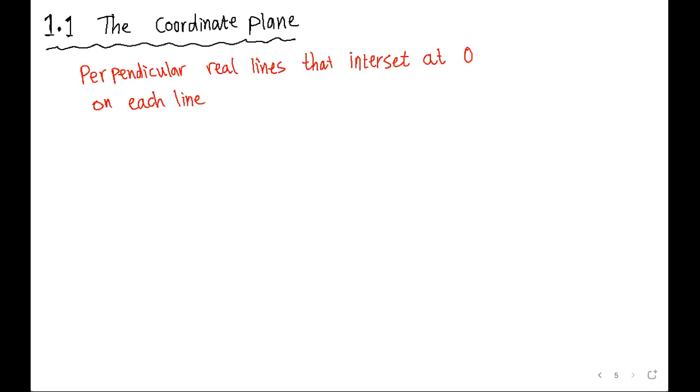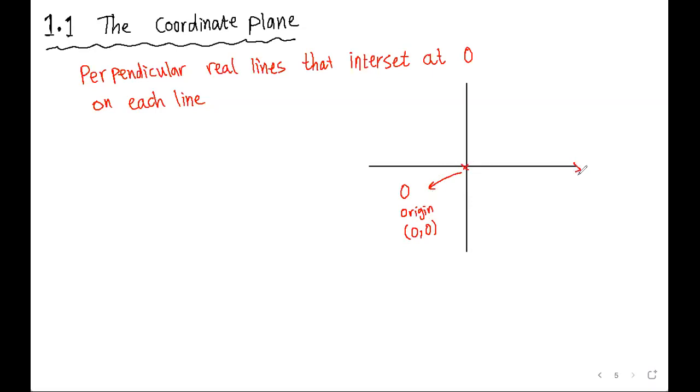So if I have perpendicular lines like this, I have the first line and the second line, both of them perpendicular. Both of these two lines intersect at this point here. This point I call O, or the origin. I can define this point as the ordered pair 0, 0.